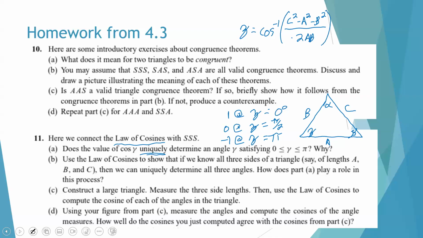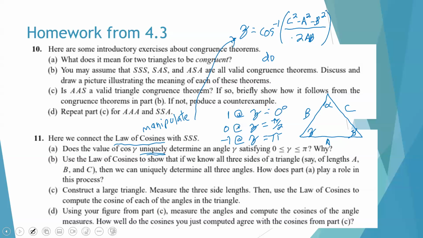You've got to manipulate the law of cosines to get that.